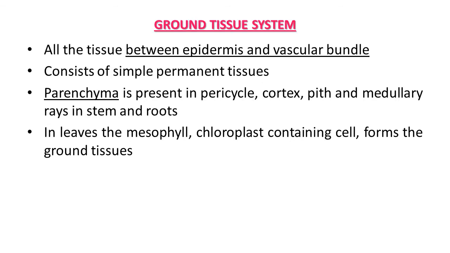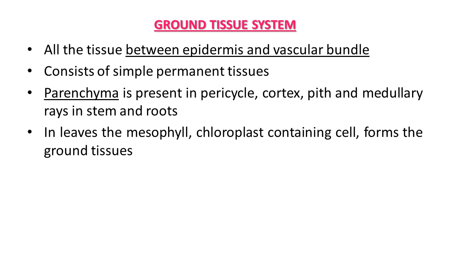The second type of tissue system is the ground tissue system. It is located between the epidermal tissue system and the vascular tissue system in plants. So when we talk about the location of the ground tissue system, we can say it is located between the epidermal tissue system and the vascular bundles.